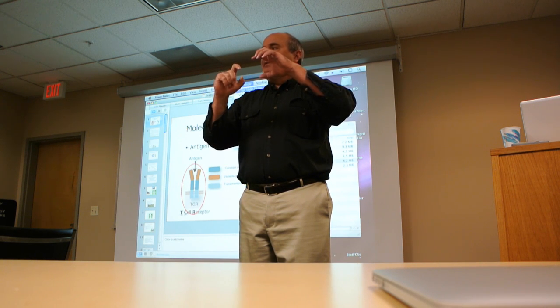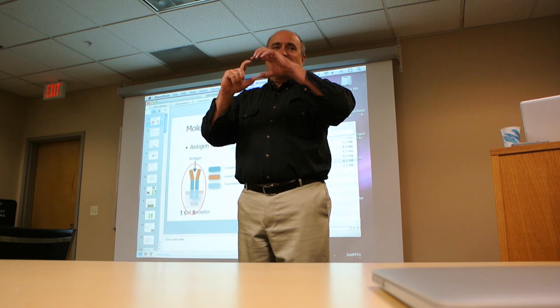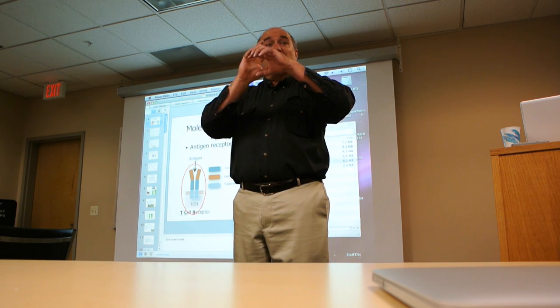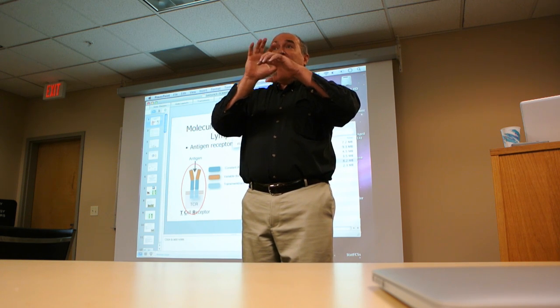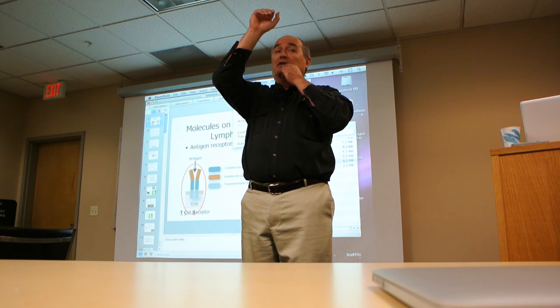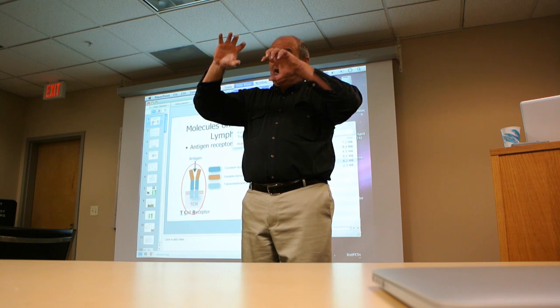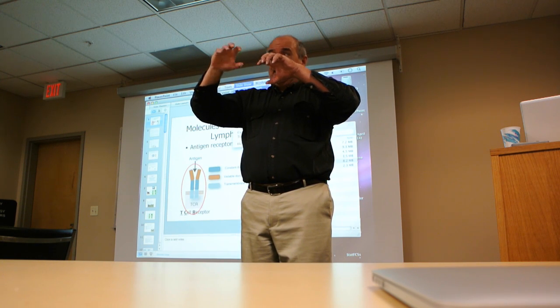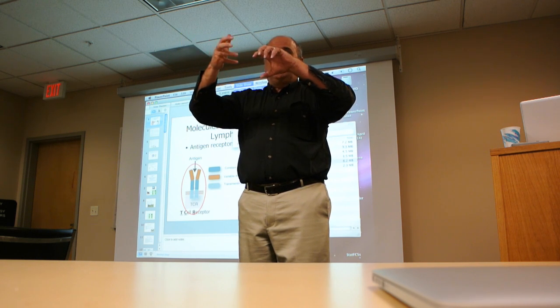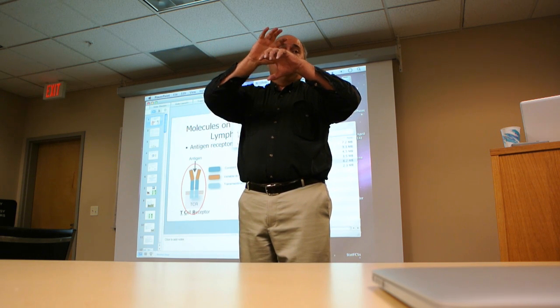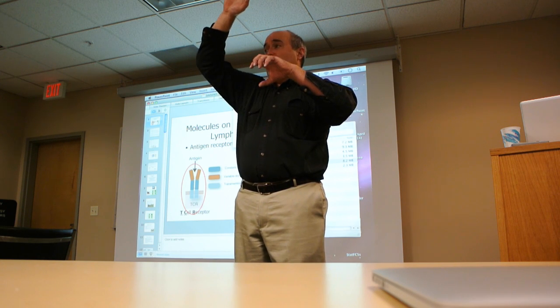The B cell comes in through those postcapillary venules and goes into the cortex, and it will be on a mission to go to the follicle. But if there's antigen in the node, and that's on our dendritic cells and our follicular dendritic cells, interdigitating cells, it's starting to interact with antigen as it's moving to the follicle.